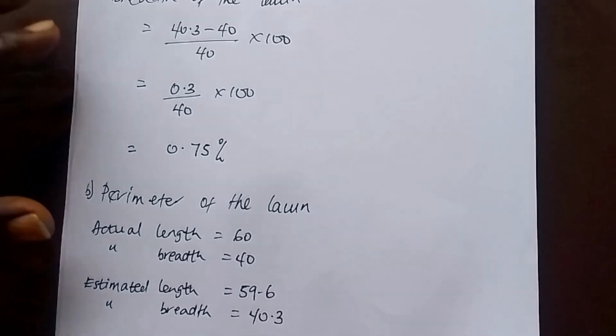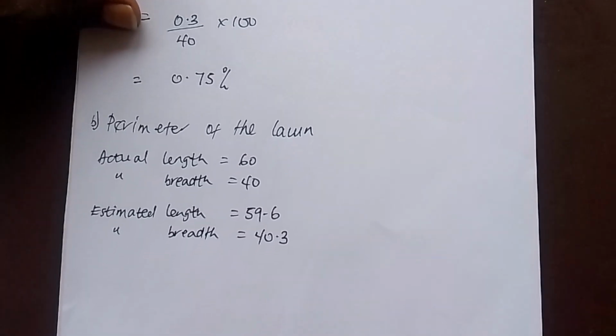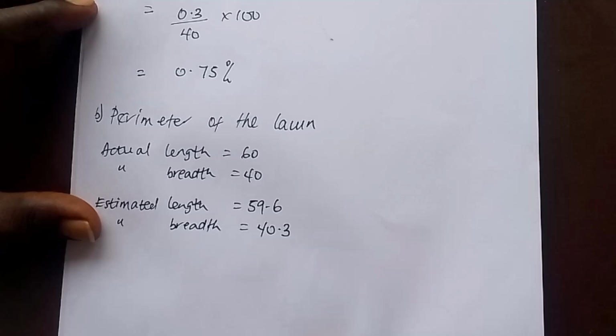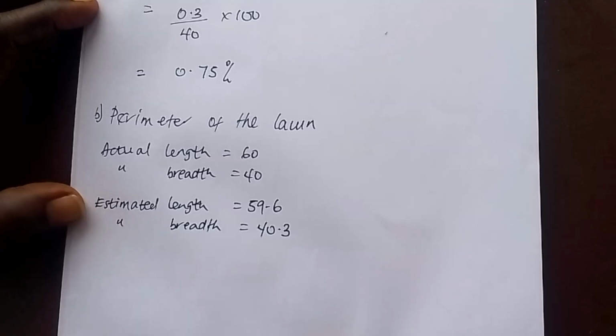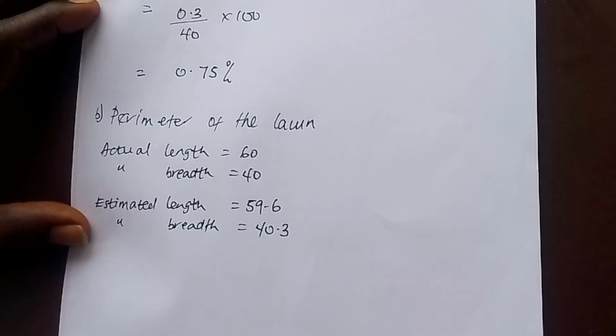So with our perimeter, we are told that the lawn is rectangular in shape. Since it is rectangular in shape, to find the perimeter of the lawn, it is just the four distances around the lawn, which is 2L plus 2B, because you have two lengths of a rectangle, then two breadths of a rectangle.